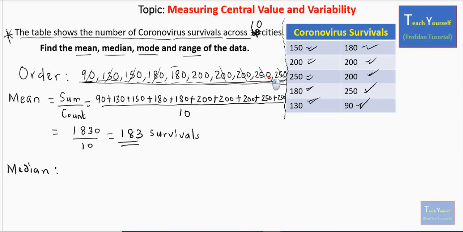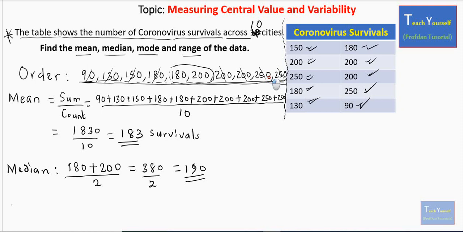So in the middle what is left is 180 and 200. So your median is the average of these two middle values, 180 plus 200 divided by 2, and that is going to give you 380 divided by 2, which finally gives you 190. So the median, the middle value, is 190.